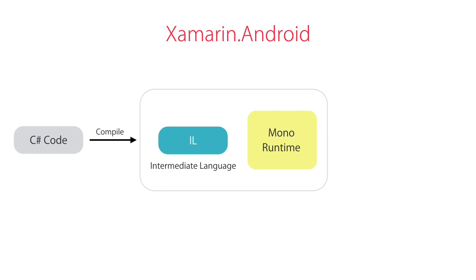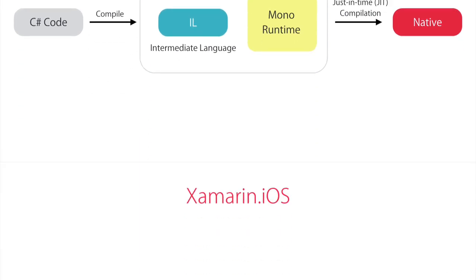So when you launch an Android app, this runtime is loaded into the memory, and then it gets your IL code and compiles it to the native code for Android. And this process is what we call just-in-time compilation or JIT. This is the same mechanism that is in place when you build a regular .NET application with C#. When you build a console, desktop, or web application, the same magic happens.